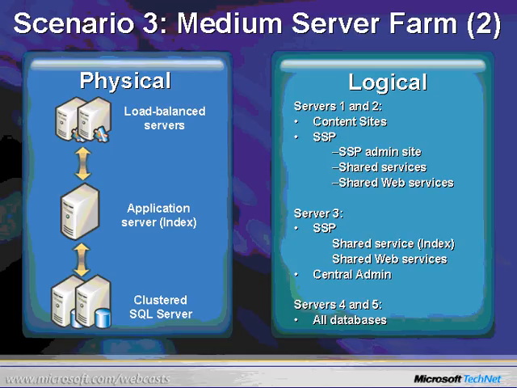So the load balanced web servers contain the content sites and the SSP admin site, the shared services, and the shared web services. Our application server contains some aspects of the shared service providers, so it includes some shared web services, and it also does the indexing of the shared services. It also contains our central administration. And finally, our clustered SQL server contains all the databases.